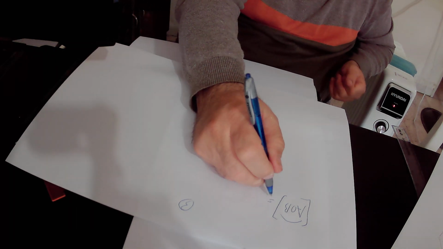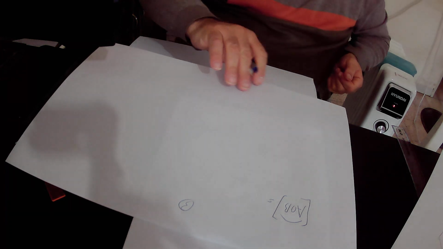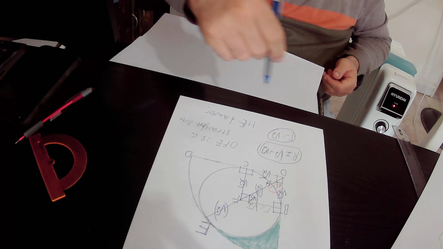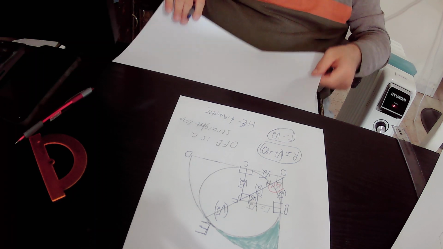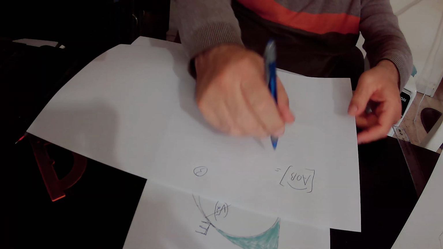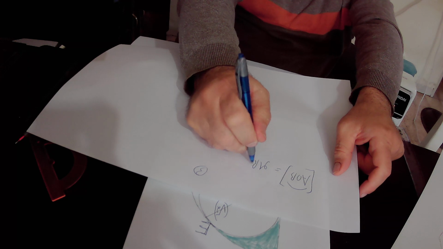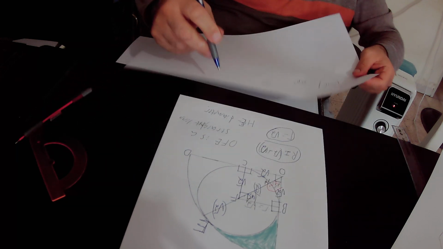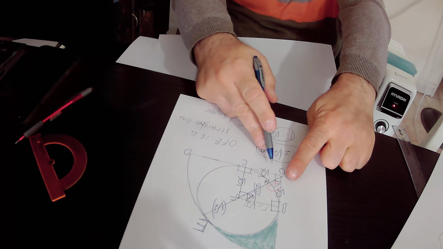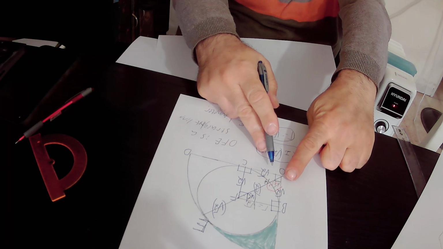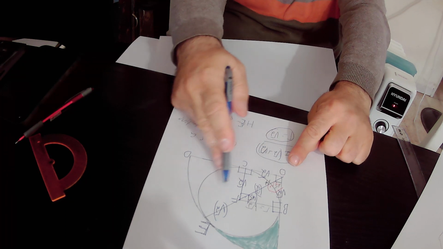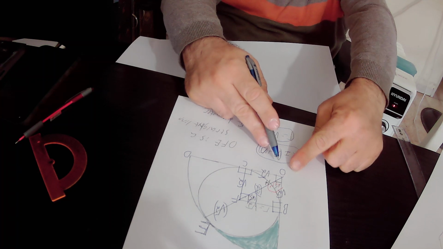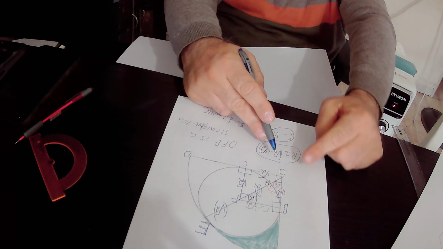It will be equal to the area of the big circle, that is pi times capital R squared, times the angle between the legs of the sector. The two legs are OE and OA.